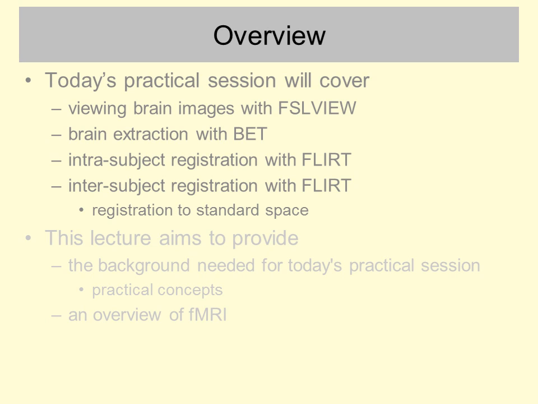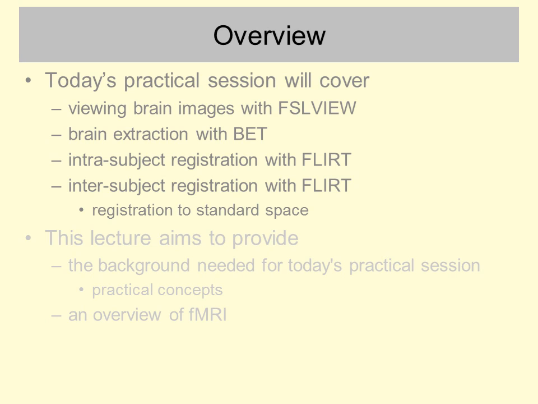The somewhat amusingly named FLIRT program performs a number of useful functions. It does something called intra-subject registration. Intra-subject registration is what you do when you've got images from the same person, but those images have got differences. For example, one of them might be an image from a PET scanner of that person, and another one might be an image from an fMRI scanner.